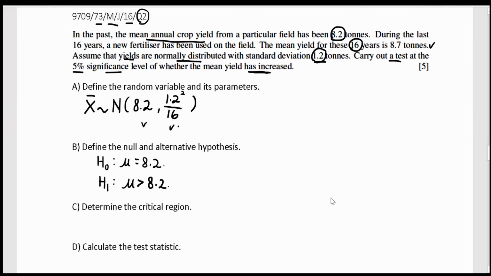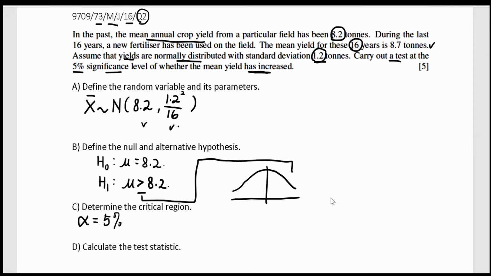Then the third, determine the critical region. Like I showed you just now, the significance level given in this test is 5%. Refer to the bell-shaped curve. Since we are looking at whether the mean is greater than 8.2 or not, this is what we call a one-tail test.